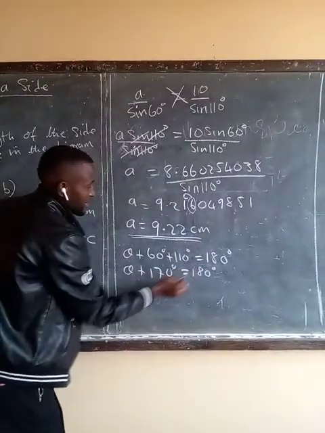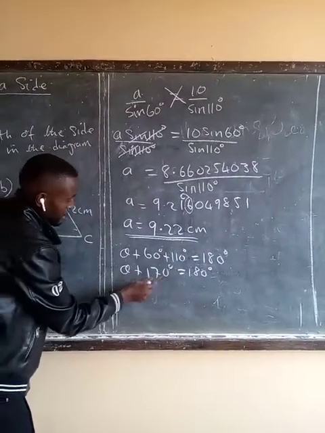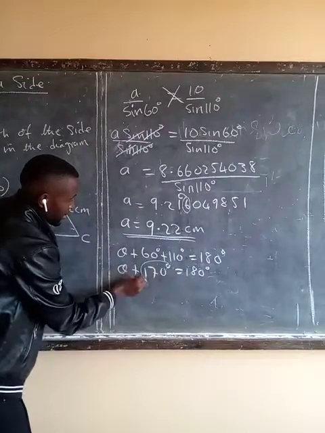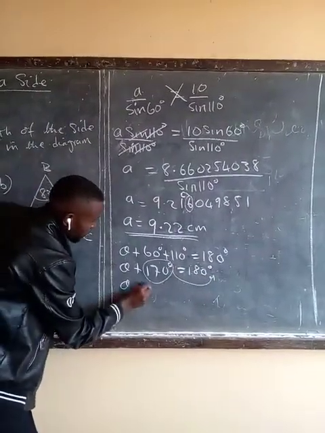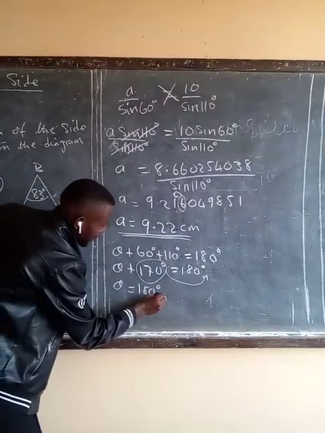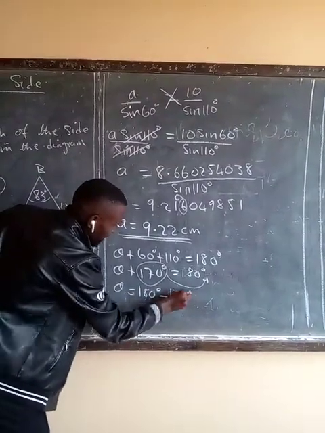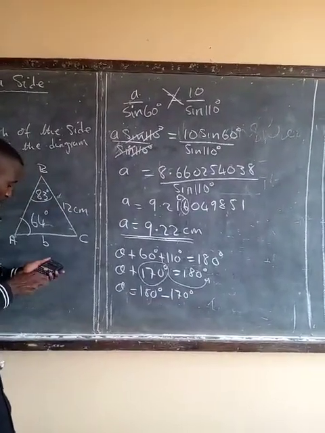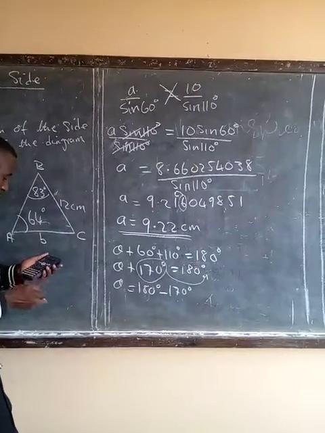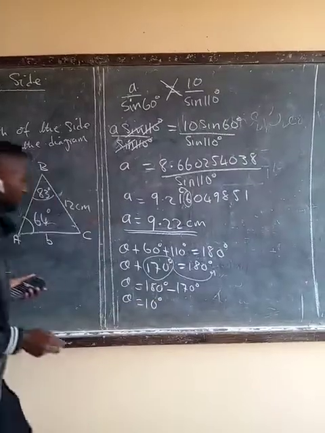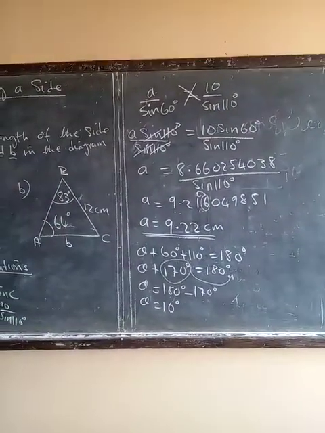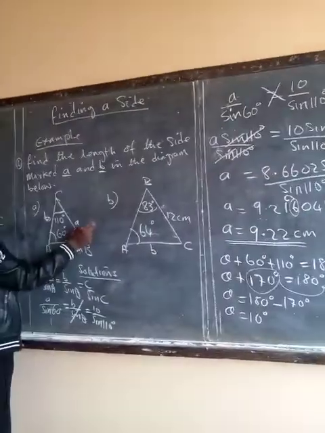Now take the entire 170 to the other side, which will be theta is equal to 180 degrees minus 170 degrees. So theta is equal to 10 degrees. So we now know what this angle is. This angle is 10 degrees.